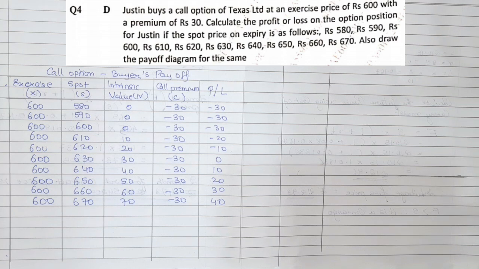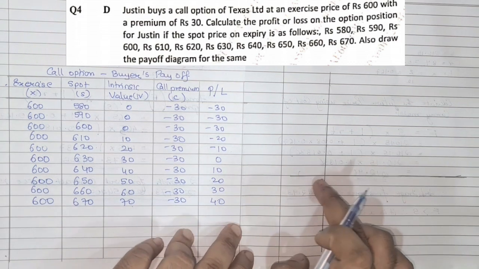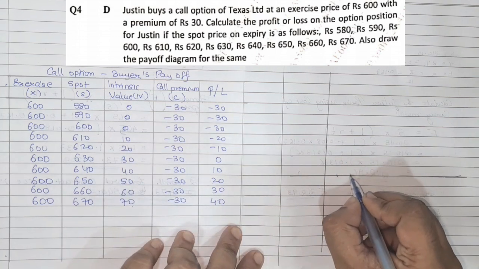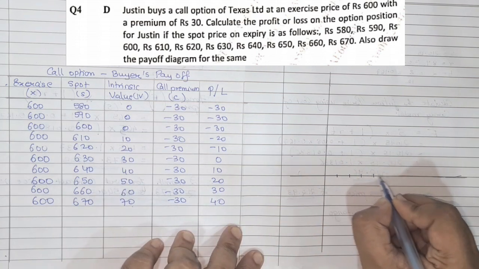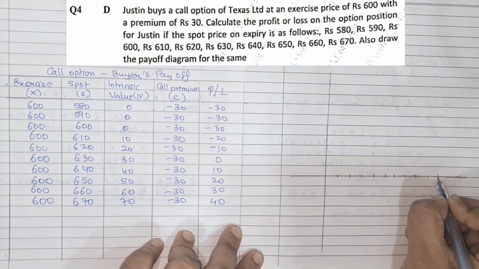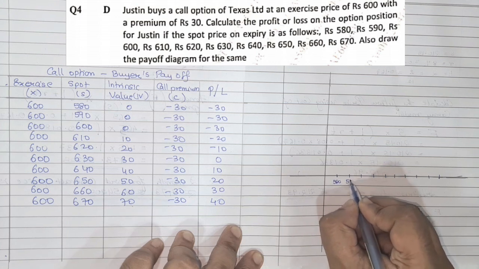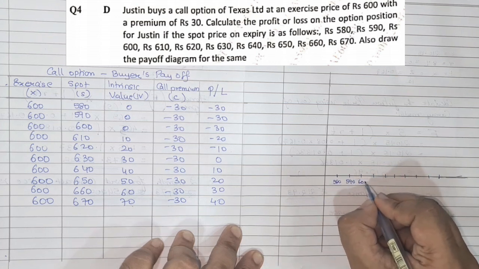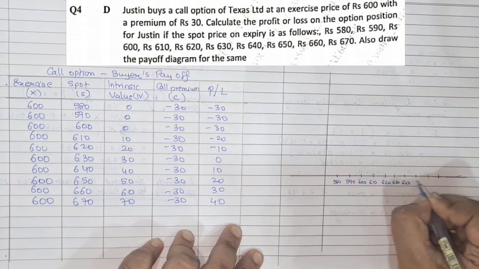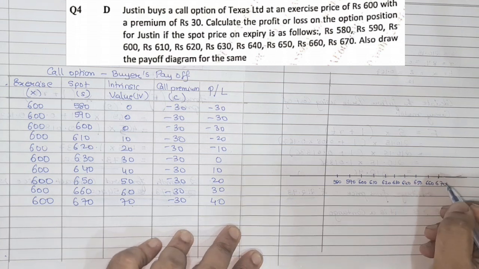Now let us make the payoff graph. Remember one thing first. On the x-axis we have all the spot rates, so I'm noting all the spot rates. There are 10, so 1 2 3 4 5 6 7 8 9 and 10. So it's 580, 590, 600, 610, 620, 630, 640, 650, 660 and 670.